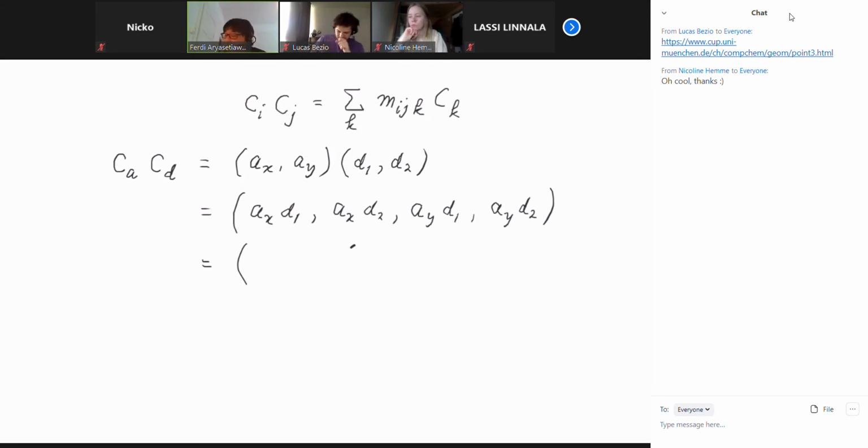So if I look at the multiplication table, then we find that AX times D1 is equal to C3, I think. Yes. So this is equal to C3. And AX times D2 gives me C1.